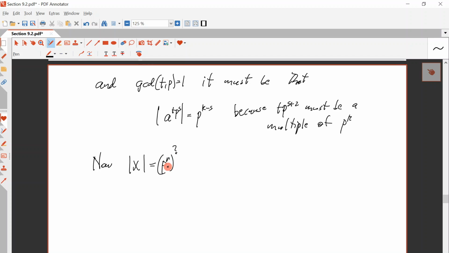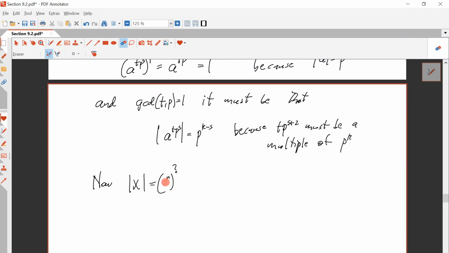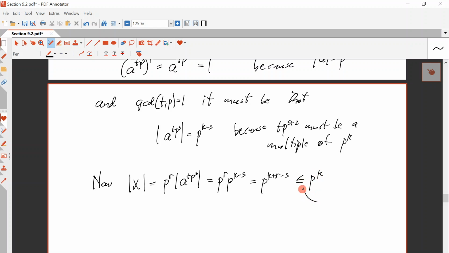Okay, but that's just going to be the order of a, because this is a. Right, so it's going to be p to the r times the order of a to the t, p to the s, which is equal to p to the r times p to the k minus s, which is equal to p to the k plus r minus s, which is less than or equal to p to the k, right?